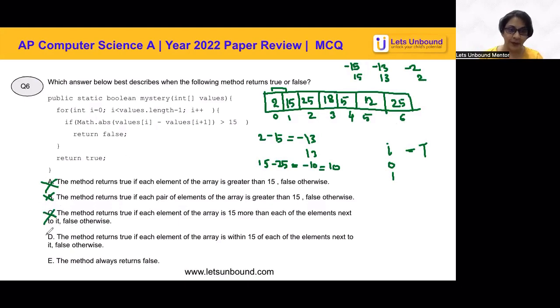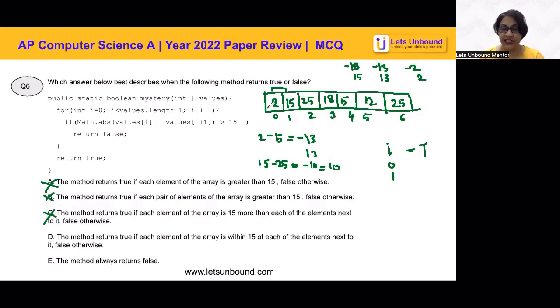Okay, so now let us go back to our option D. The method returns true if each element of the array is within 15 of each of the elements next to it, false otherwise. This seems to be a little promising. Okay, let's try to understand this. It says the method returns true if the elements of the array are within 15.